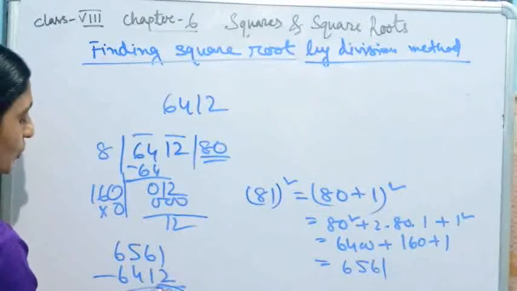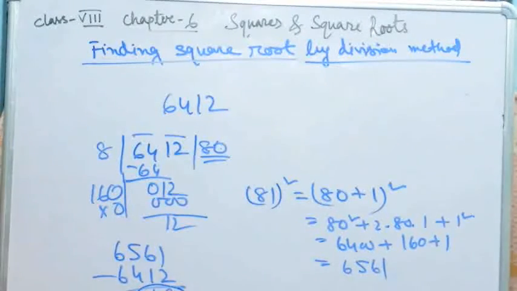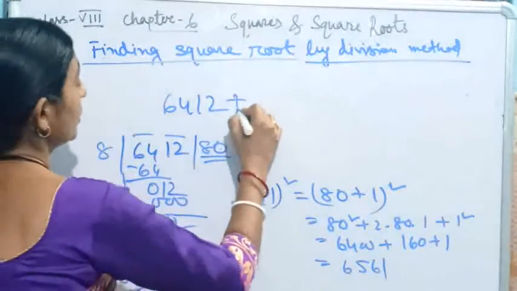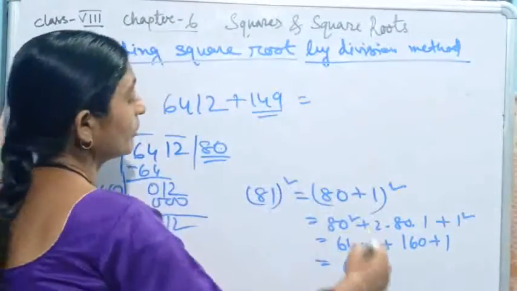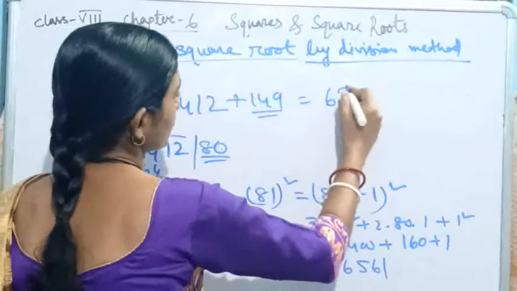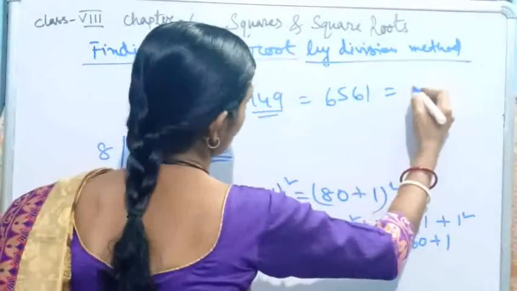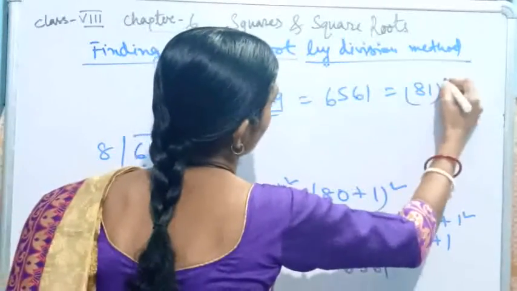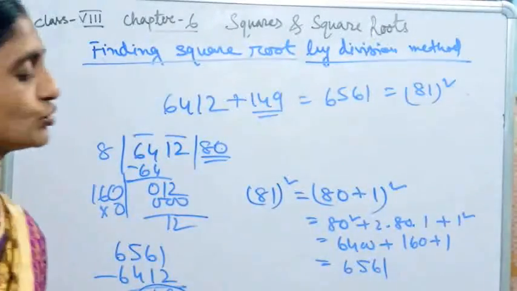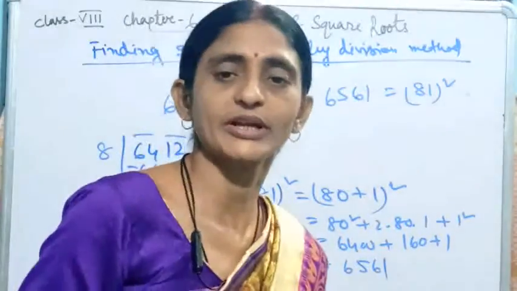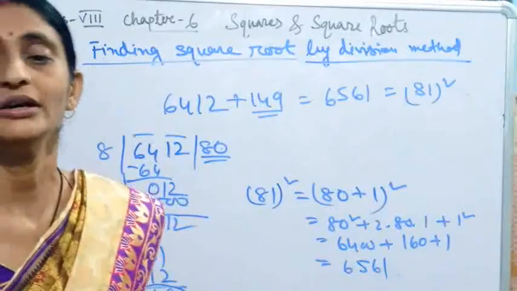So I have to add 149 to this number, and it will become 6561, which is a perfect square of 81. Understood? So let's go and solve this exercise. I hope you people can solve it. We will meet in the next part.